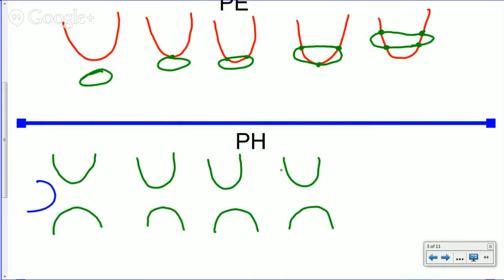Okay. Maybe it intersects once. Maybe it's kind of on the outside of that one. Maybe it intersects twice. And there. Could intersect 3 times. Right through there. And then maybe 4 times.